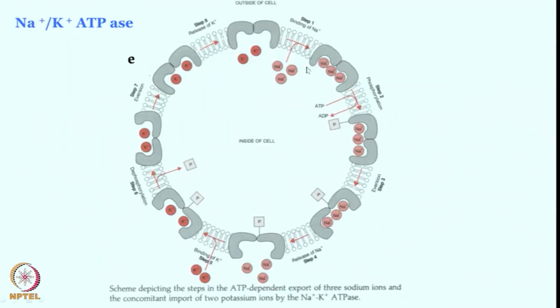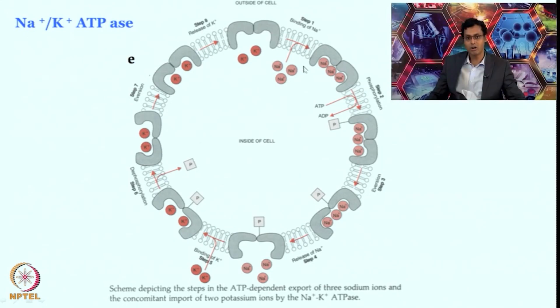So, as I said, pumps are an energy driven process, some energy is involved in the process. Overall there is a site in the membrane where sodium can bind. As you see over here, we are depicting 3 sodium binding in this pocket, and overall ATP is converted to ADP and then phosphate is bound with this pocket.